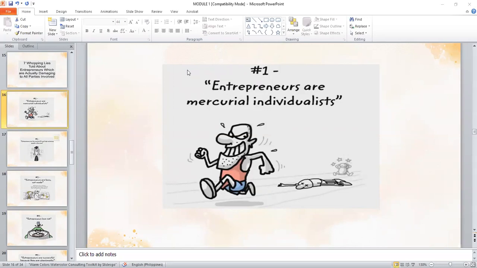Something that is near impossible. So when it's used as an adjective, it's something that is immense in terms of a challenge, something that is near impossible. So when we speak of entrepreneurs as mercurial individualists, don't think of them as extra smart, extra capable individualists who will be able to stand alone and hurdle the challenges of running a business by themselves.